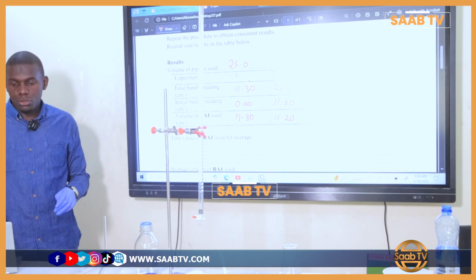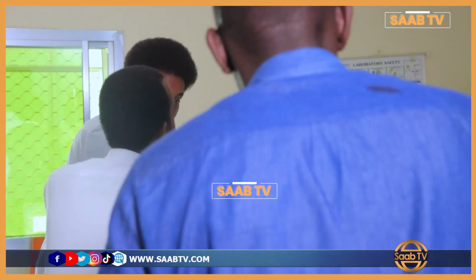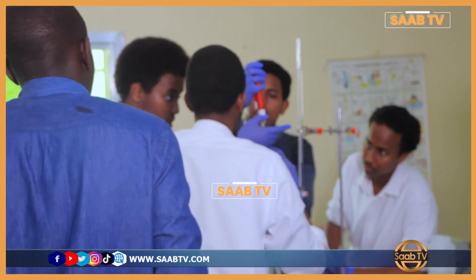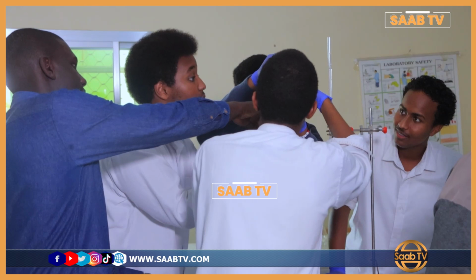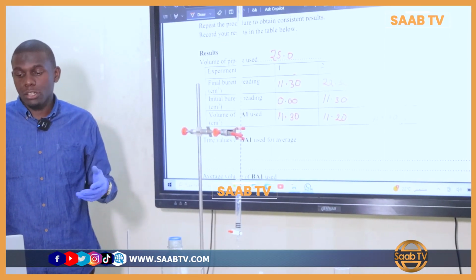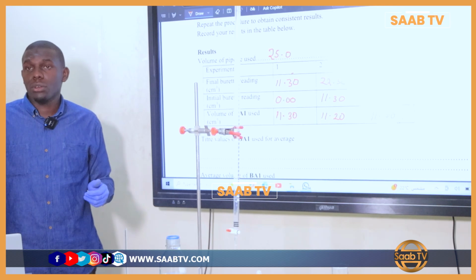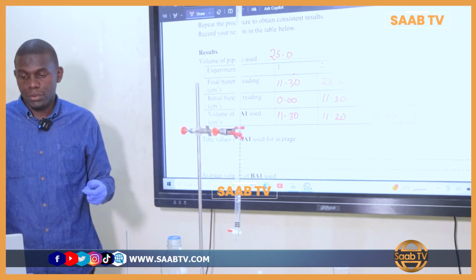The first one, we are going to identify the titer values of BA1 used for the average. Now these titer values, we are going to pick out, in simple terms, the concordant results. Those results which are within 0.20 of each other. You can pick like 2. When you're doing your exam, sometimes there are 3 there, so it can be 2, they can be 3.